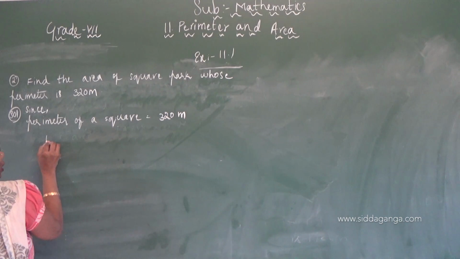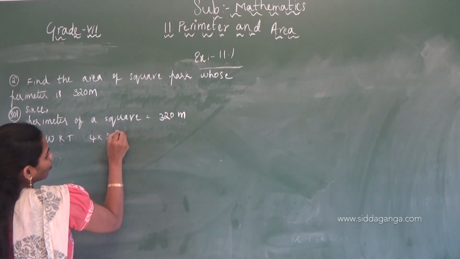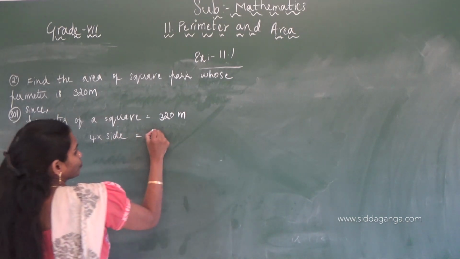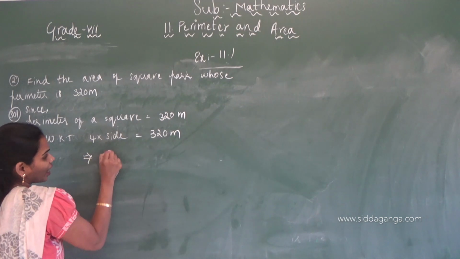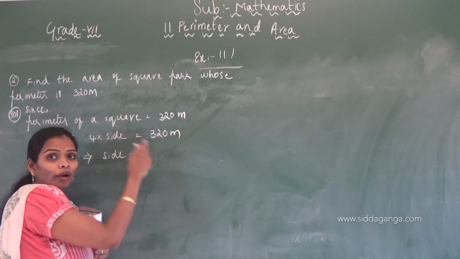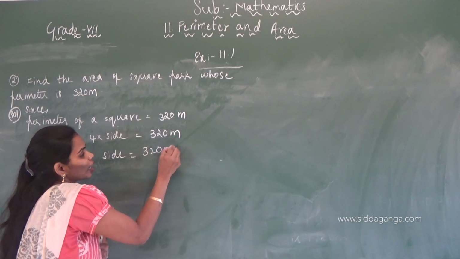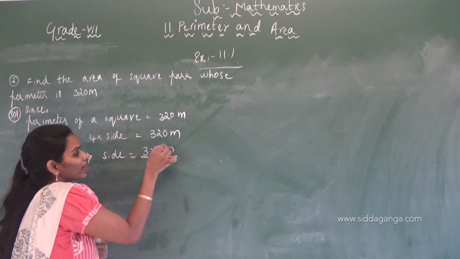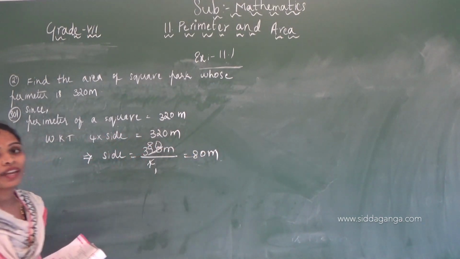But we know that the perimeter of a square is 4 into the length of the side. 320 equals 4 into a. To find the length of the side, if it goes to the other side, since it is in multiplication, it will be division: 320 by 4. 4 8s are 32, so that is equals to 80 meters.